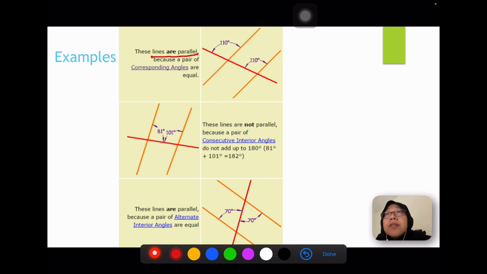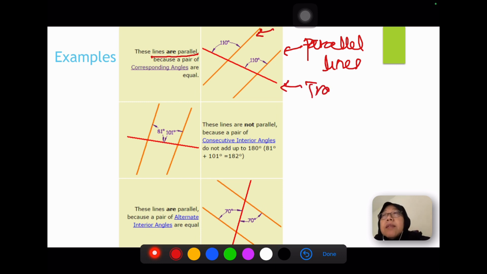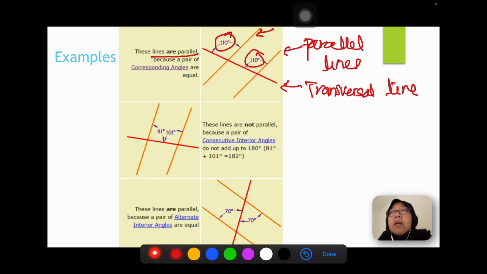So if corresponding angles are equal, and you have to know corresponding angles: these are the two parallel lines, and this is the transversal line. One is interior, one is exterior, and they have the same angle. So these are corresponding. They should not be in the same interior. One is exterior and one is interior.